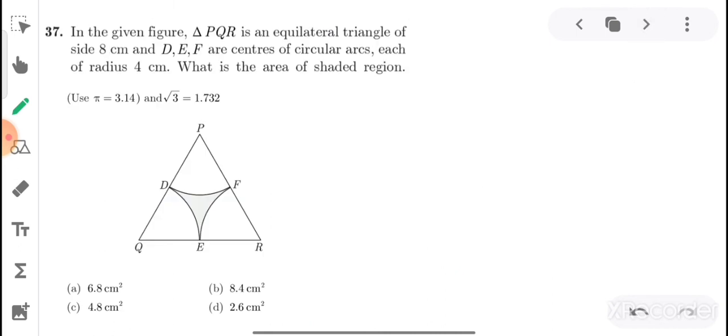This question is also similar to the previous problem. Here at first calculate the area of the circular regions. This is an equilateral triangle, so these angles are both 60°.